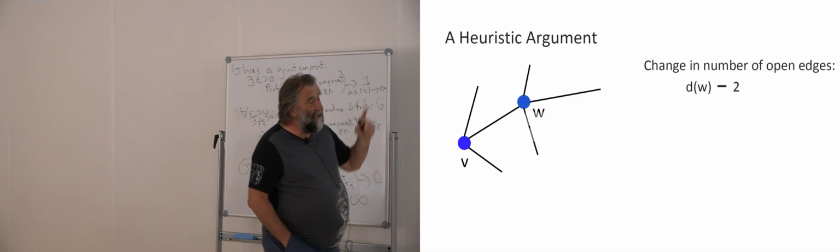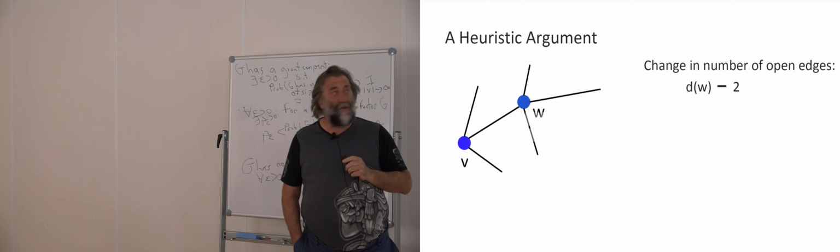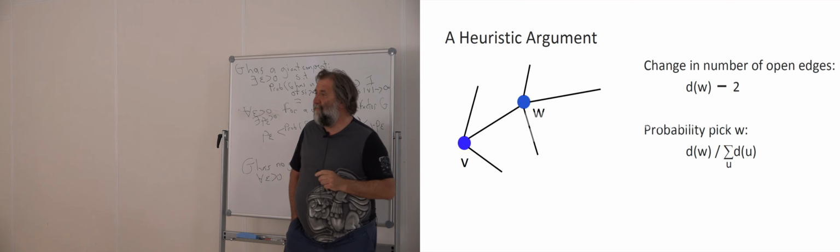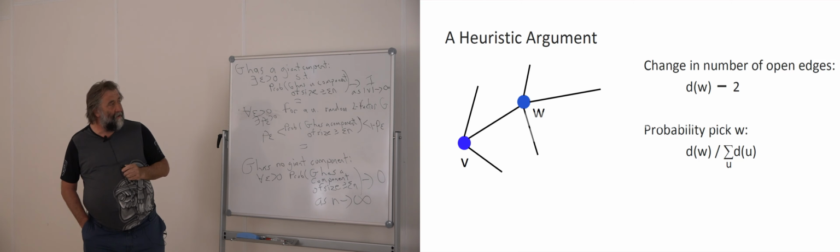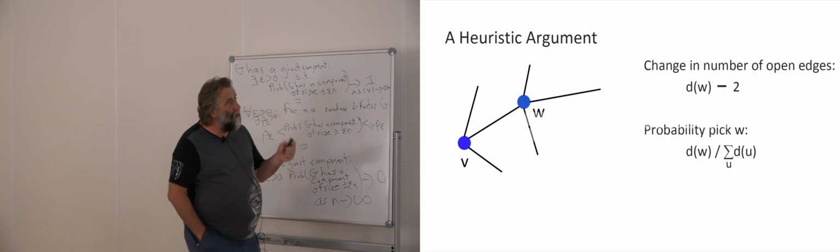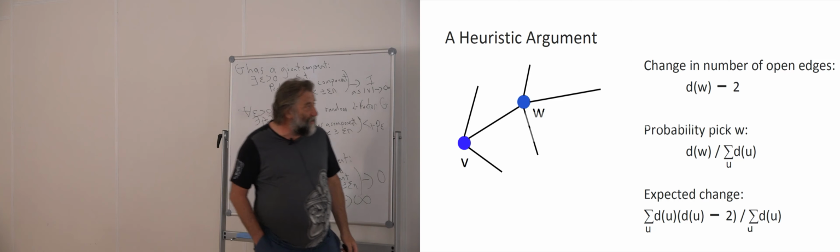And what's the probability that you pick w? Well, you'd expect it to be proportional to the degree. So the probability you pick w should be the degree of w over the sum of the degrees. Right? So what's your expected change in the number of open edges?